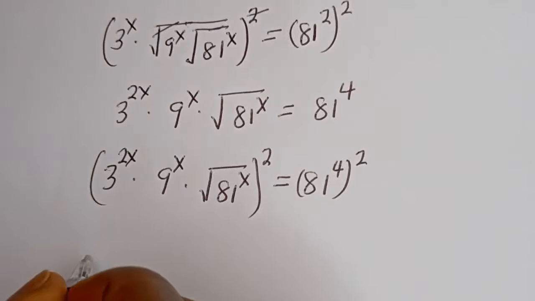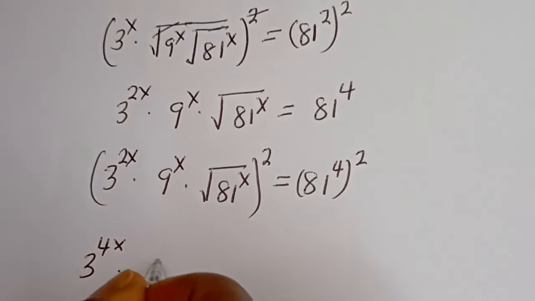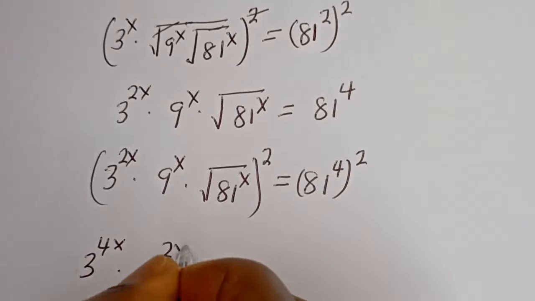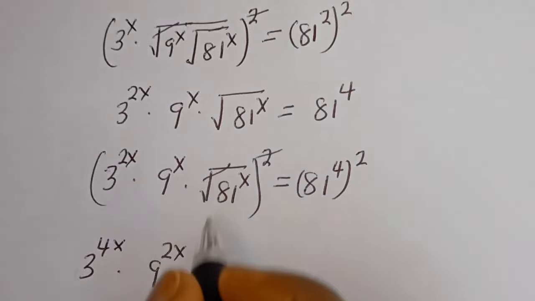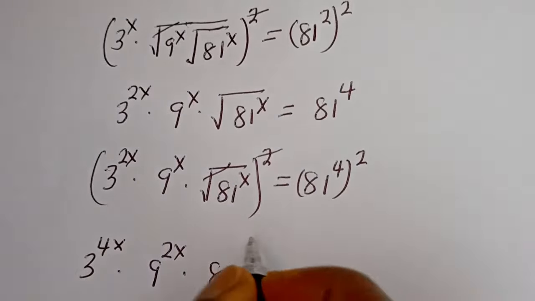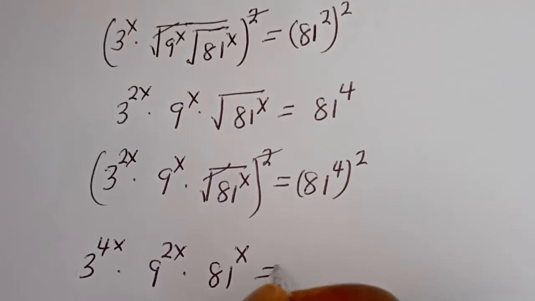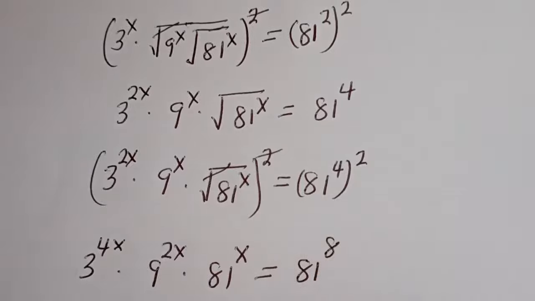Then this is 3 to the power of 4x multiplied by 9 to the power of 2x multiplied by this. We cancel this. We have 81 to the power of x is equal to 81 to the power of 4 times 2, that is 8.